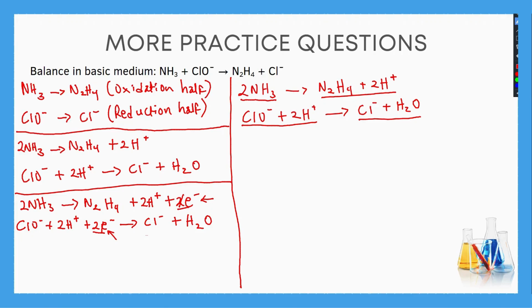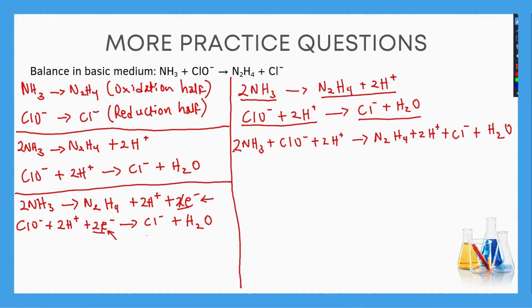We have 2NH3 plus ClO- plus 2H+ yielding N2H4 plus 2H+ plus Cl- plus H2O. Now, at this point, we need to check before we proceed any further. We need to do a little bit of math. If there are any similar atoms or molecules that exist on both sides, we need to cancel them out.